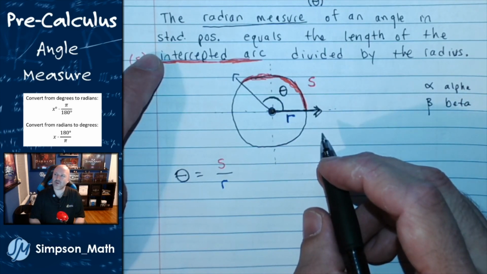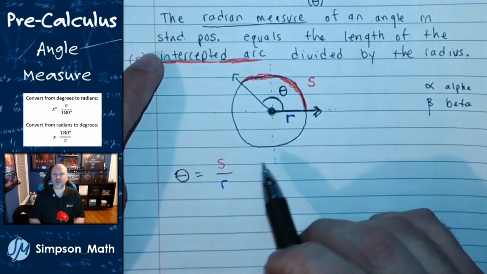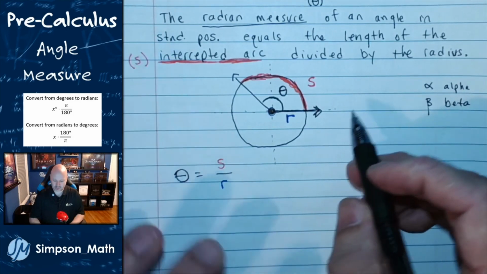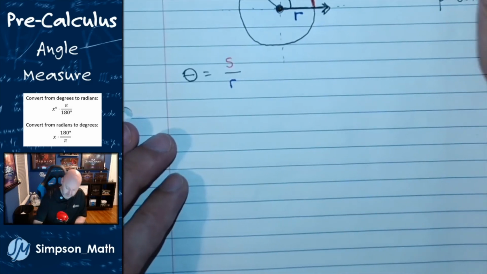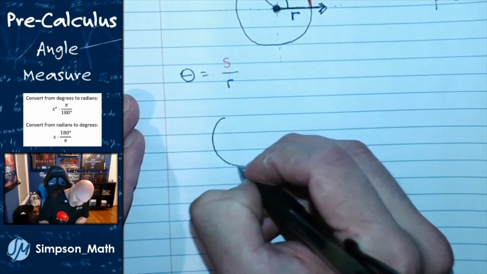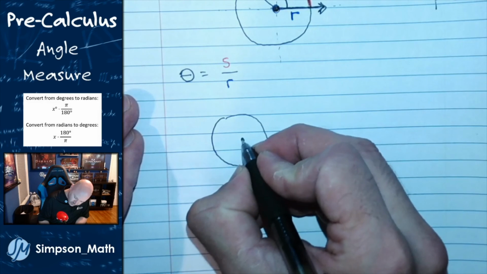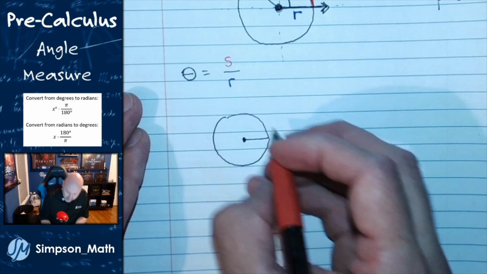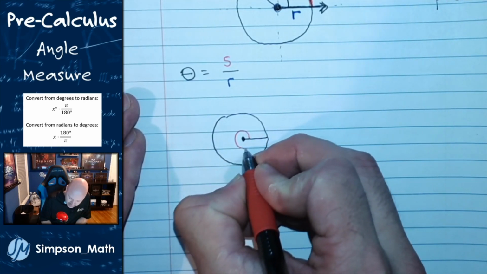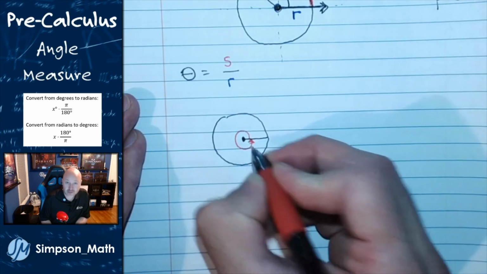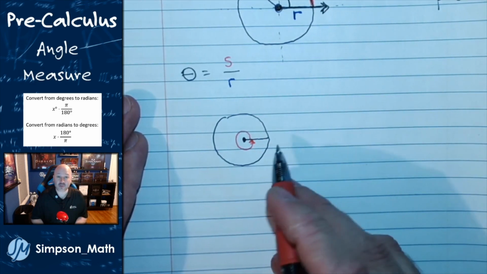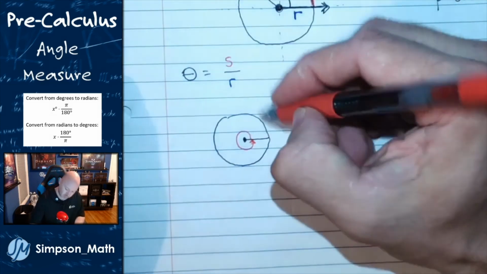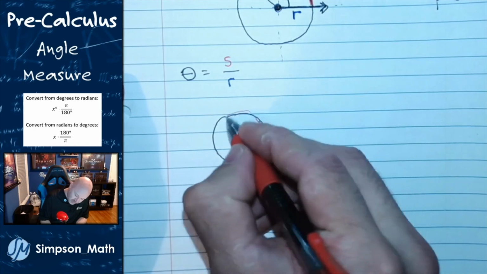What I know about circles is their circumference. I know the circumference of any circle is 2 pi r. Let me write that down. If I draw an angle that I want to call 360 degrees, that cuts away the entire circle. That's my initial side and my terminal side. So my S in this circle is all of it.